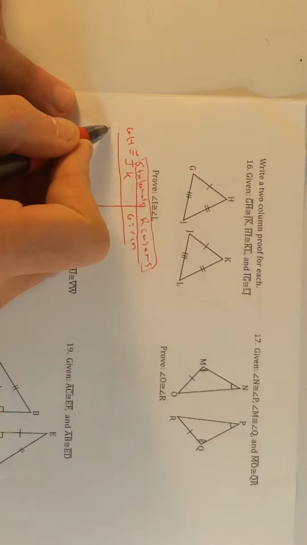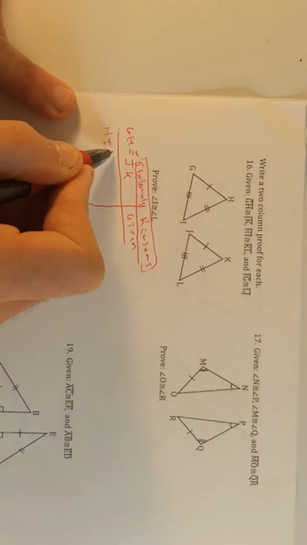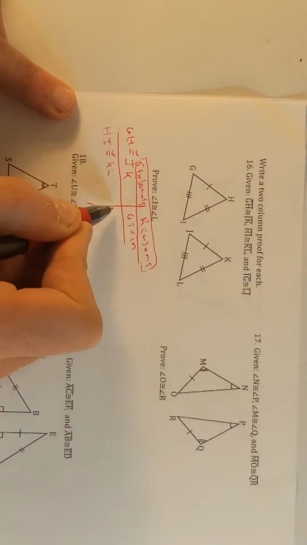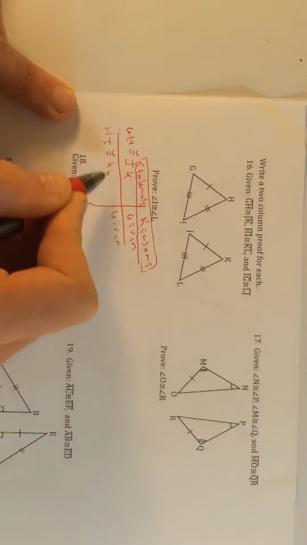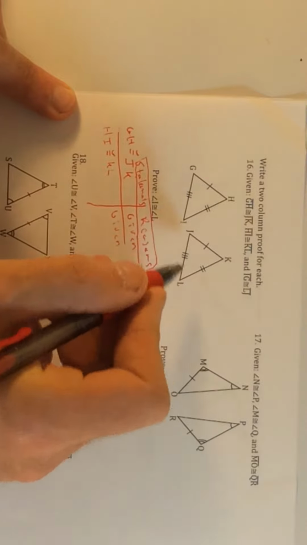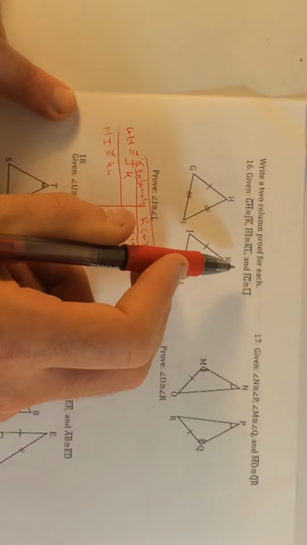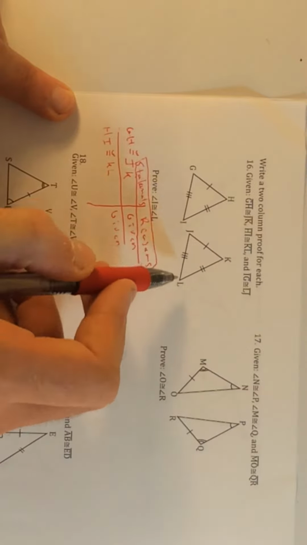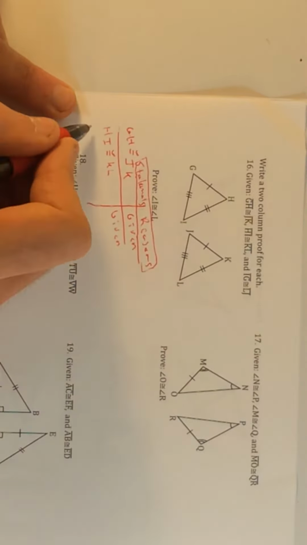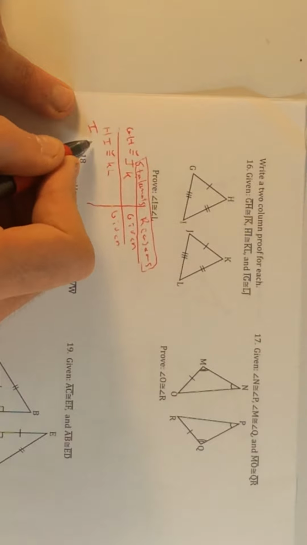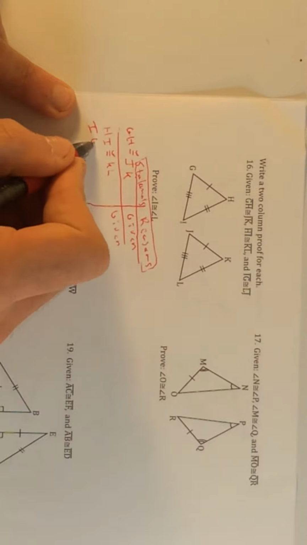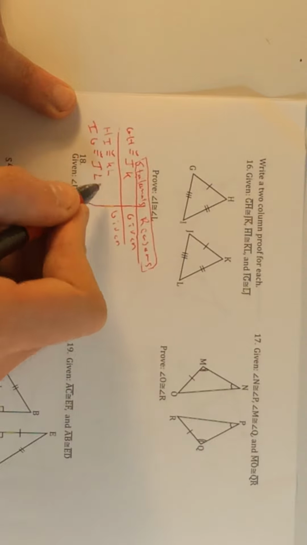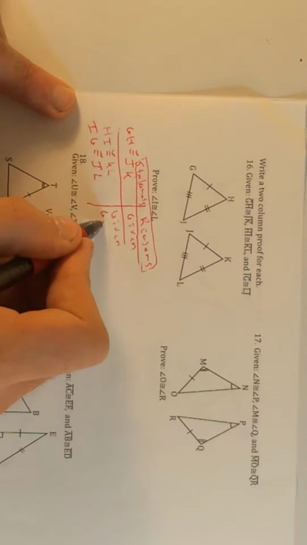That's also labeled for us, but let's add that to our column. This is given, so HI is congruent to KL. That's also given. And IG is congruent to JL. This is also given.